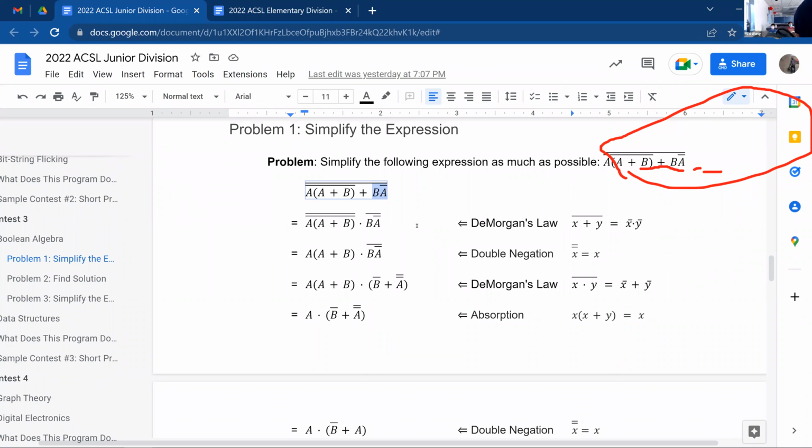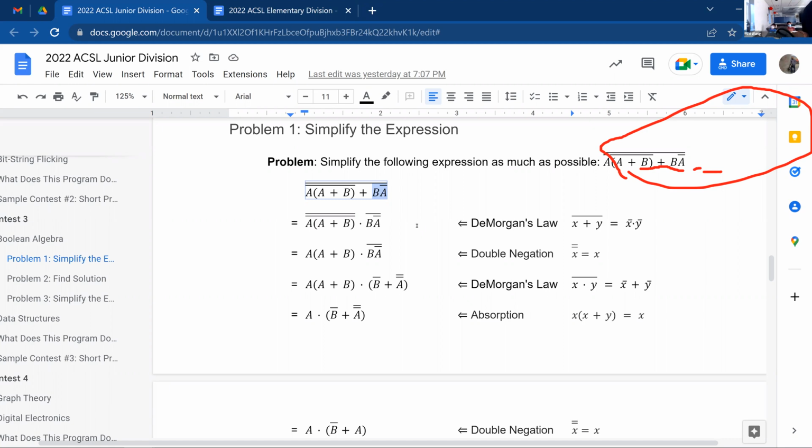Well, you look at the part that is under the overarching not, right? No, you don't change that part yet. You don't change that.